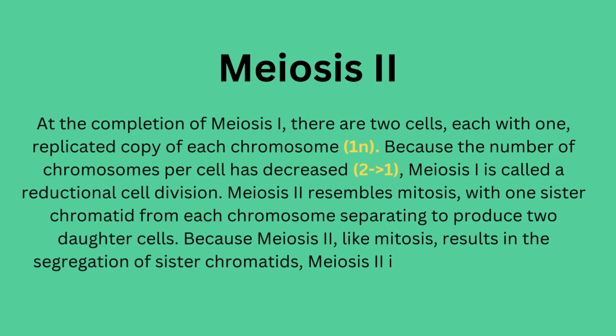Meiosis II resembles mitosis, with sister chromatids from each chromosome separating to produce two daughter cells. Because meiosis II, like mitosis, results in the segregation of sister chromatids, it is called equational division.